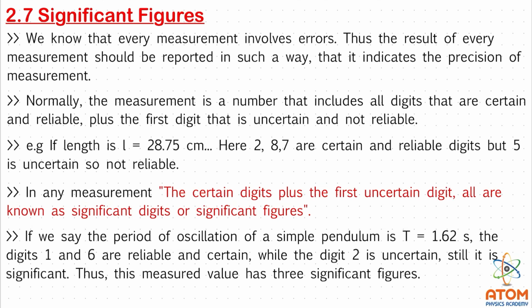For example, if the measurement exactly is, let us say, 28.759, we don't know this 9, but let us say if it is 28.759, then this measurement is very close to 28.76 rather.